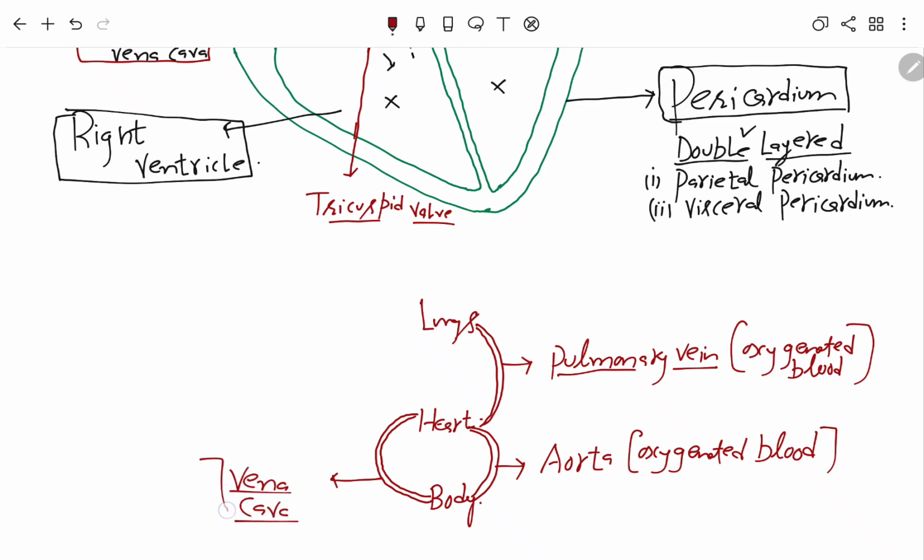They bring deoxygenated blood. Superior will bring blood from the parts of the body above the heart, and inferior will bring from the parts of the body below the heart. So finally both vena cavas will bring deoxygenated blood and put it back into the heart.